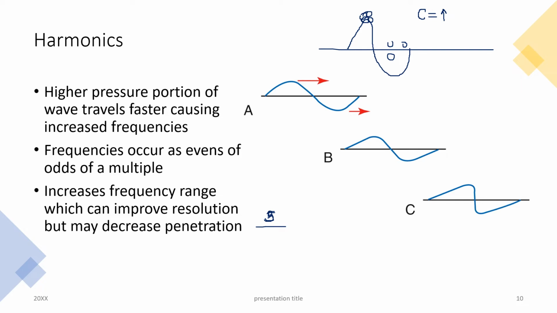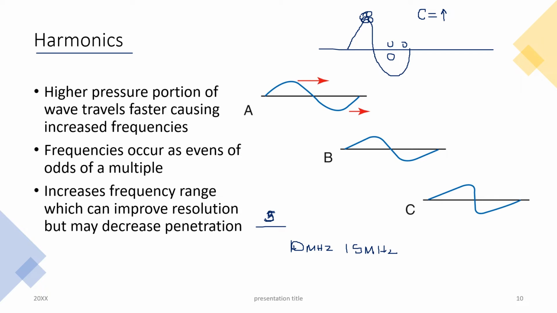So the frequency I might actually be getting back could be multiples of 5. As I'm putting 5 megahertz in my patient, we may actually be receiving signal at 10 megahertz, 15 megahertz, and so on and so forth. Those additional frequencies that are generated within the patient are referred to as harmonics.